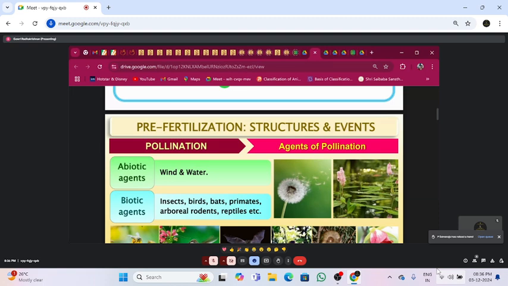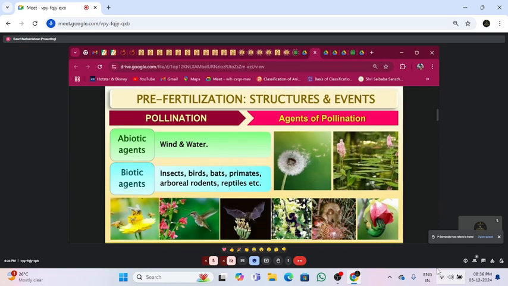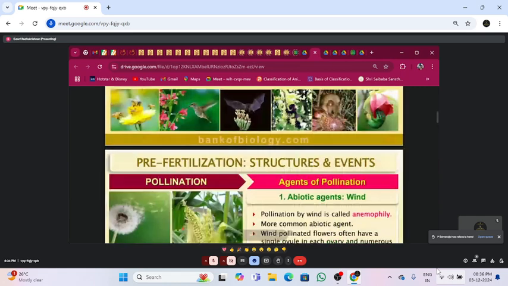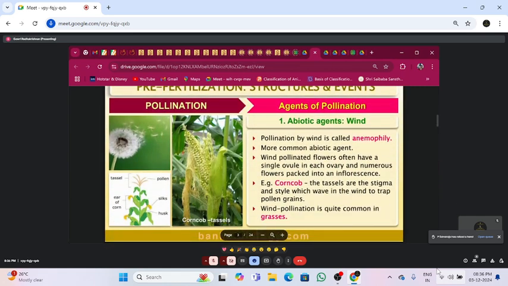And some plants use wind. Pollination by wind is anemophily, the more common abiotic agent.